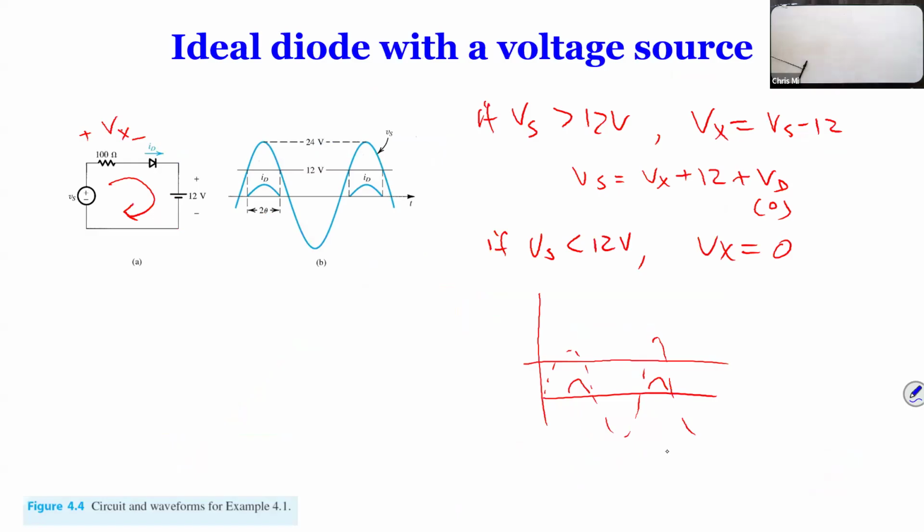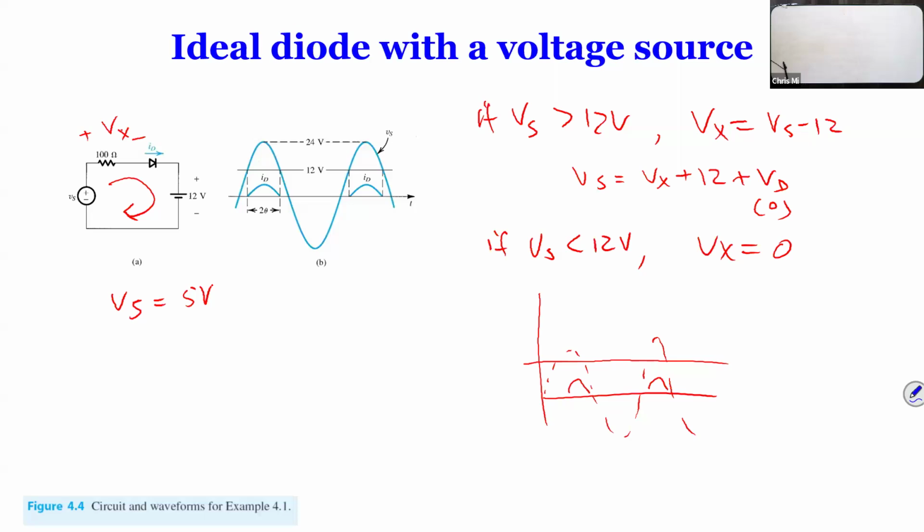Let's say in this case you have 12 volts over there, and you have Vs, and we're going to do a few examples. Let's start with Vs at 5 volts. If Vs is 5 volts and this is 12, assume the diode is not conducting.